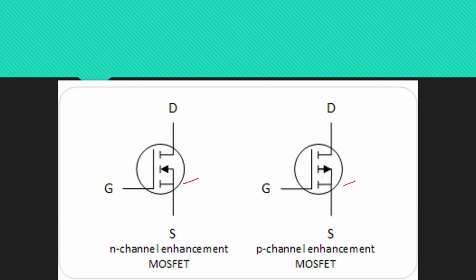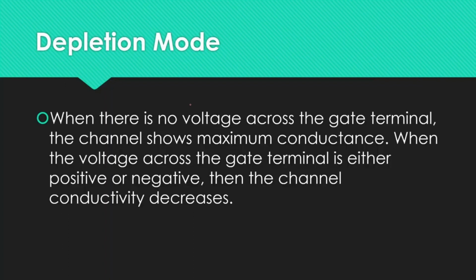Second is depletion mode MOSFET. It is a MOSFET where, when there is no voltage across the gate terminal, the channel shows maximum conductance, which increases the conductivity between drain and source.